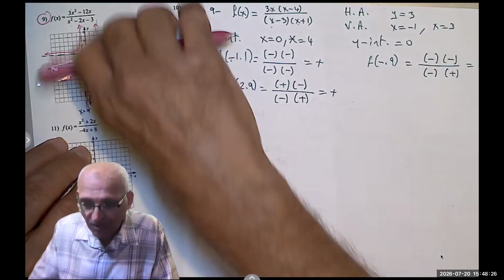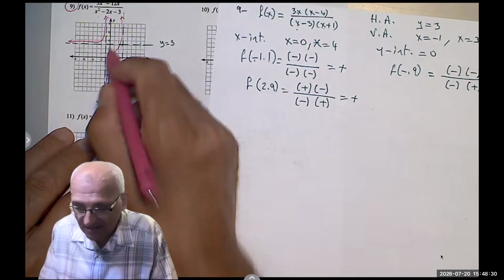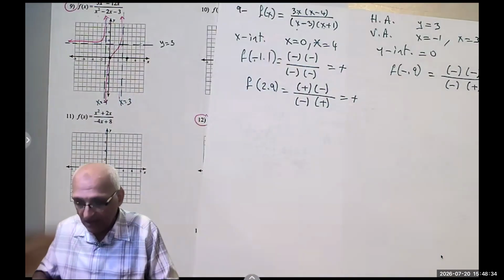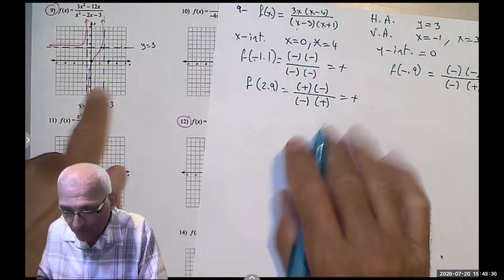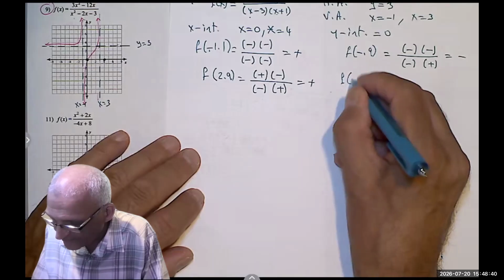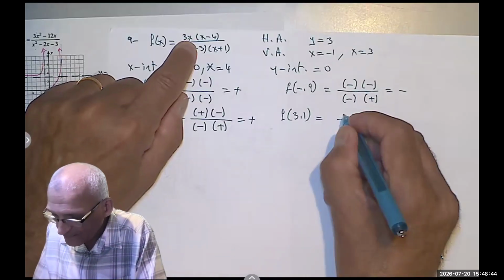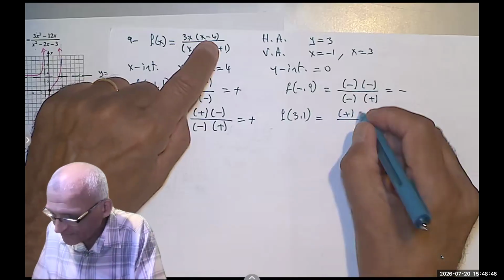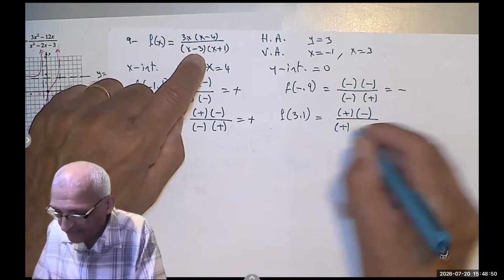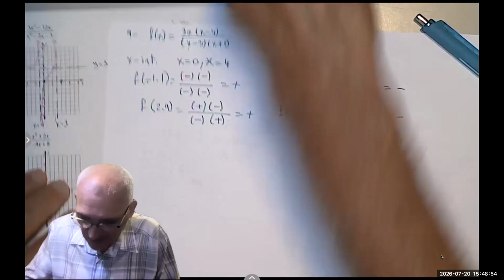Again, yes, we can cross a horizontal asymptote in the middle, but at the end, it will approach one of them. Let's look, what if it's 3.1, meaning just to the right of this asymptote, f of 3.1. This is positive. 3.1 minus 4 is negative. 3.1 minus 3 is positive, and 3.1 plus 1 is positive, so this is negative.